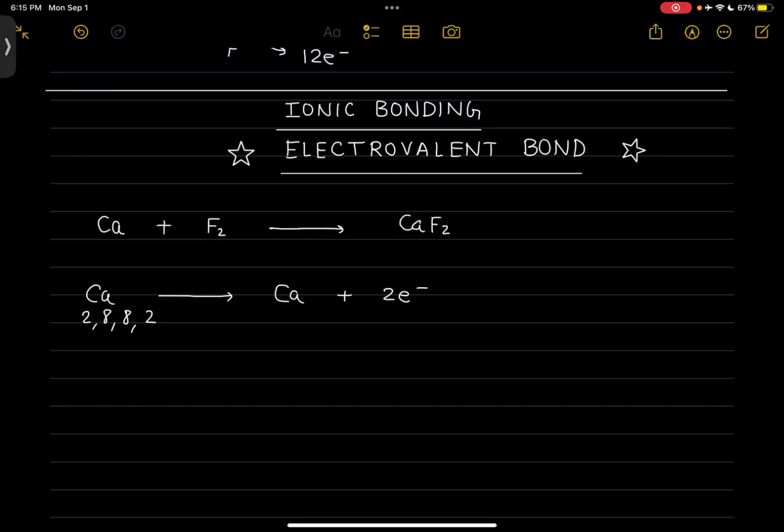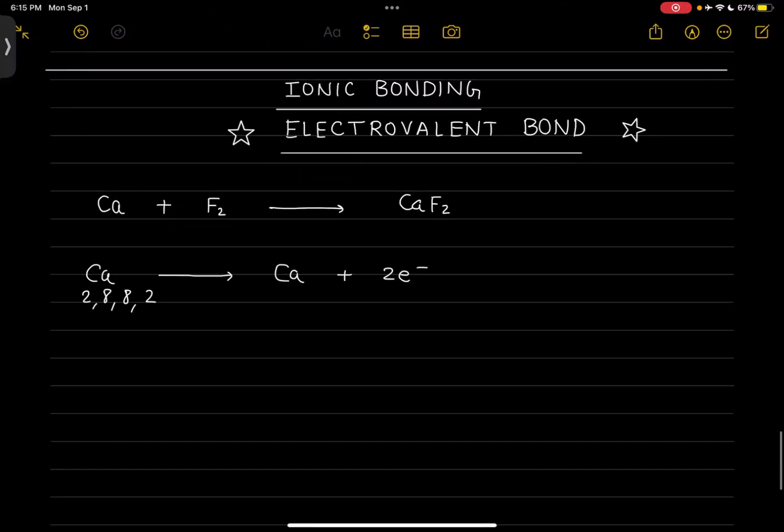So if the calcium loses 2 electrons, what will it become? 2, 8, 8. It will become Argon-like, a positive cation, right? Now it will have a complete octet. It is a metal, so that's why it lost its electrons. And what energies will be required? Delta H IE1 plus delta H IE2.